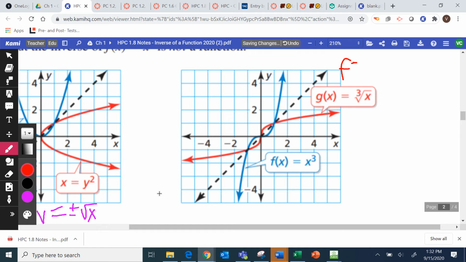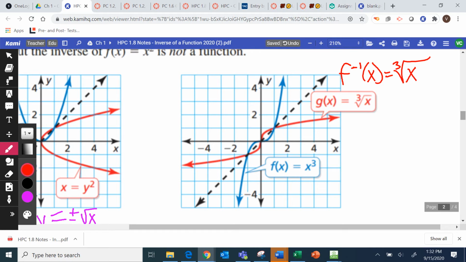It is a function, so I'm going to write f inverse. Oops, I forgot the negative 1. Let's try that again. f inverse of x equals cube root x. So that's how I would write the function for that one. And that one is a function again because it passes the vertical line test.